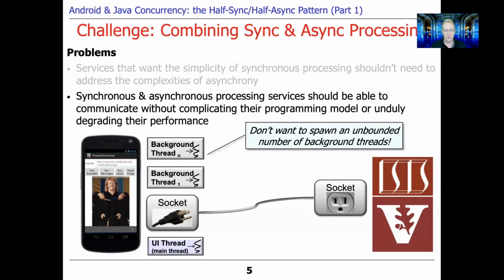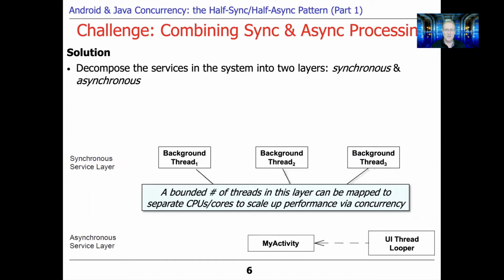We also don't want to spawn an unbounded number of background threads, so we're probably going to have a pool of those. So the solution we're going to apply here is to apply synchronous and asynchronous processing in a clever way using the half-sync, half-async pattern. The way this pattern works is it structures the services, the things your app is doing, into two layers, the synchronous services and the asynchronous services.